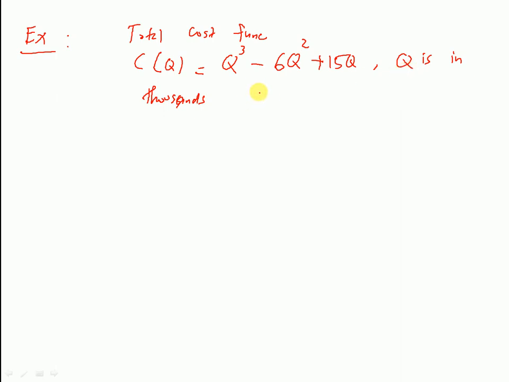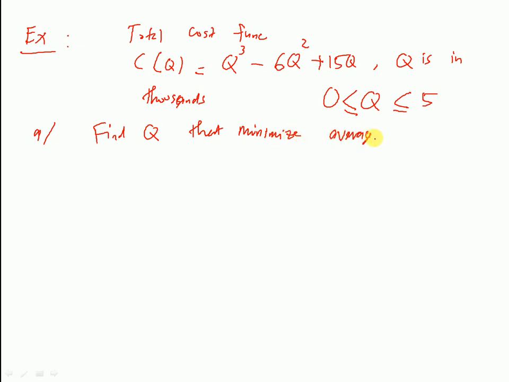Q equals 2 means Q is 2,000. And the range for Q is from 0 up to 5. Now the first one, they ask us to find Q that minimizes the average cost. Q is the quantity or the number of items, so we must find how many Q we should have in order to minimize the average cost.